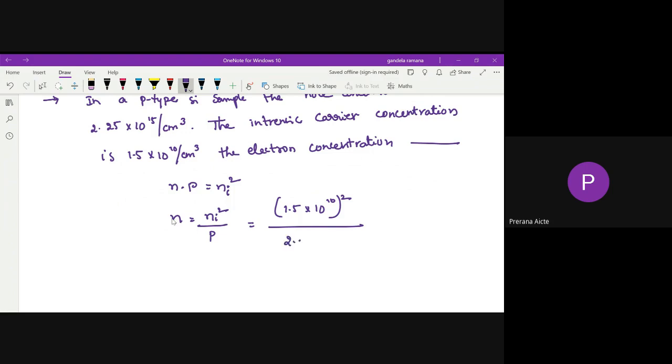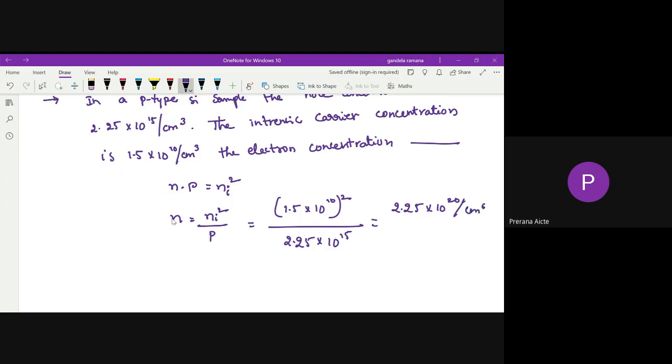The square of the intrinsic concentration is 2.25 into 10 power 20.